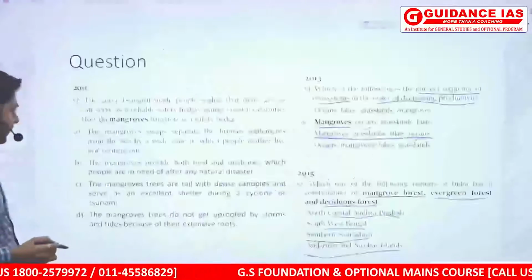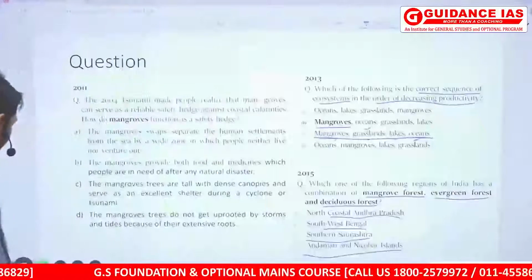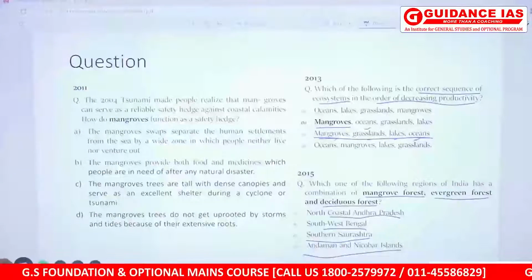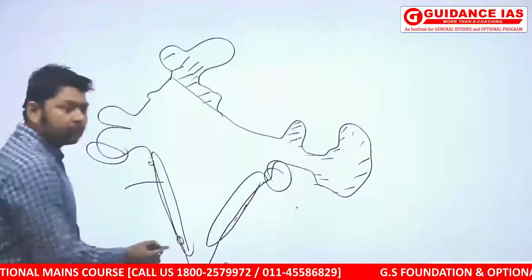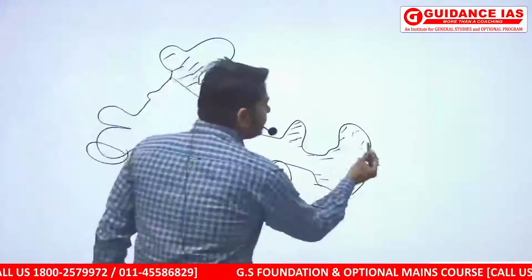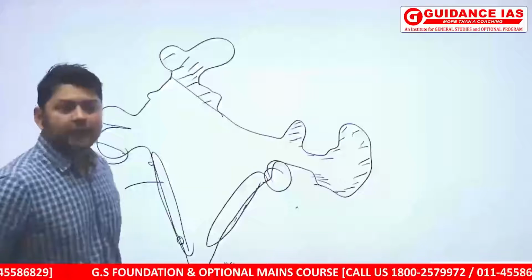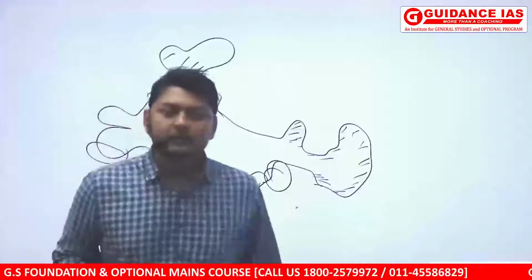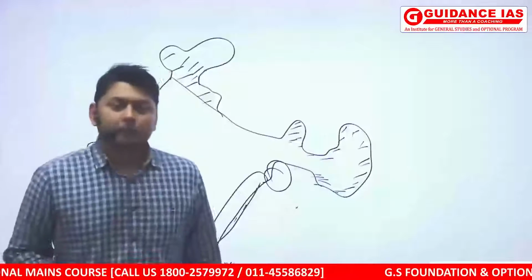Now, the evergreen forest region is very limited. It will be somewhere around the southern part of the Western Ghats, around the northeast region, and the Andaman and Nicobar Islands. Why the Andaman and Nicobar Islands? Because it is closer to the equator and lies in the tropical equatorial belt.